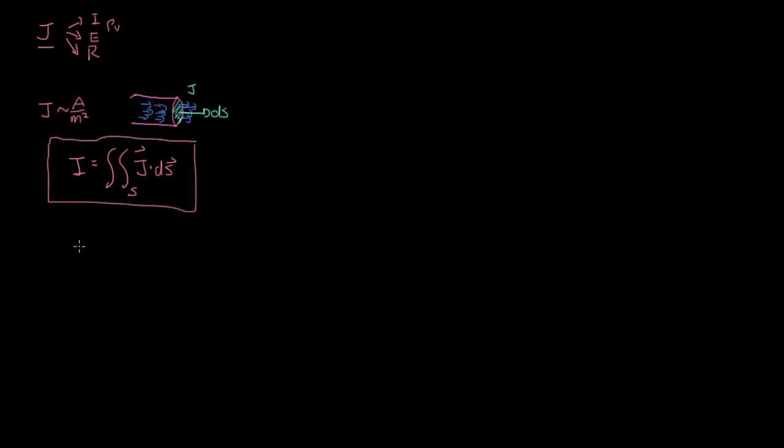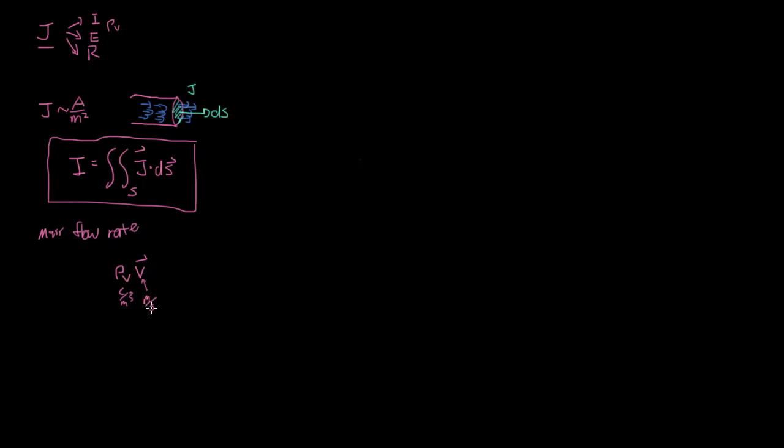Another way to view the current density that I think is also important is to think of it more in terms of the mass flow rate. In other words, if we have a volume charge density rho v, and they're all moving at a speed of v, so rho v in this case is charge per meter cubed, and then they're all moving at a particular velocity, so note this is a lowercase v referring to velocity, not uppercase with regards to potential.